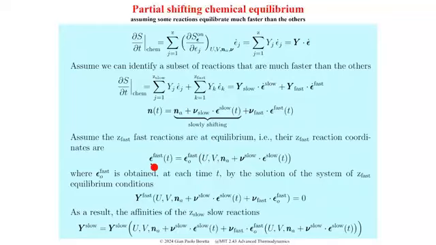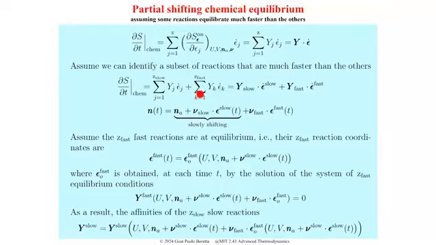So you may say, that's interesting. But if the fast reactions are at equilibrium, it means that their affinities are equal to 0. So in the expression for the entropy change, the affinities of the fast reactions are, by this model, assumed to be all equal to 0, which is true.